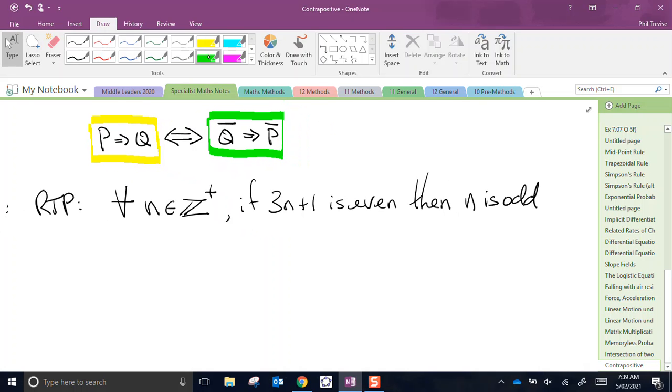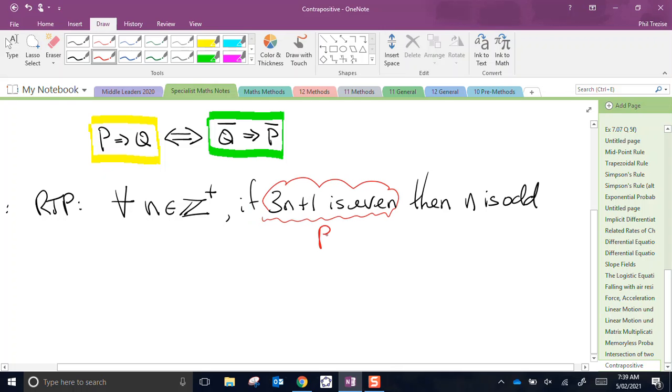So let's take a look. This part, 3n plus 1 is even, that would be proposition P. So if this proposition is true, then that's the implication. Then n is odd, that would be statement Q. That's our version of the implication that we're looking at here.